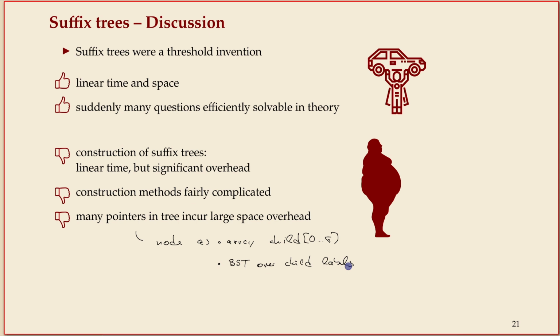And then it's a little dictionary in each node that maps from the edge label to the child pointer. But then you have a log sigma time overhead for each traversal, because that's the binary search tree. So here you have a sigma space overhead. Here you have a log sigma time overhead.